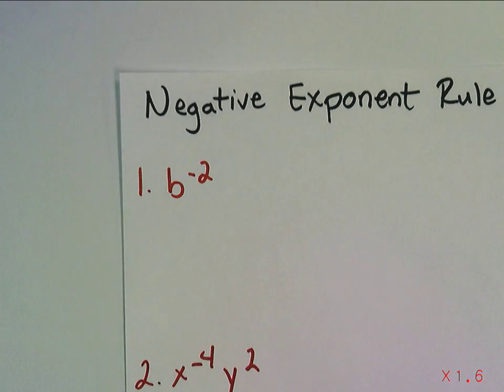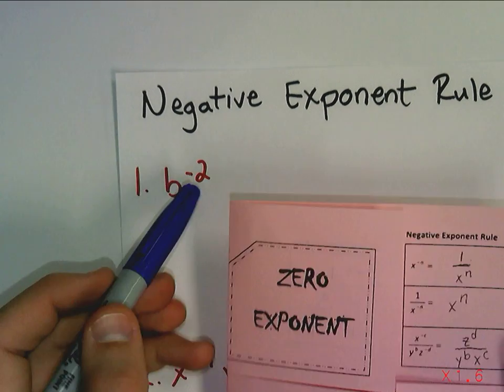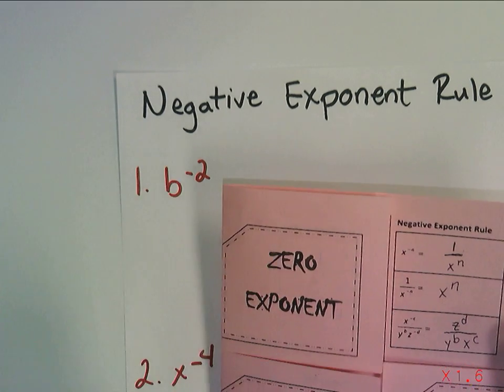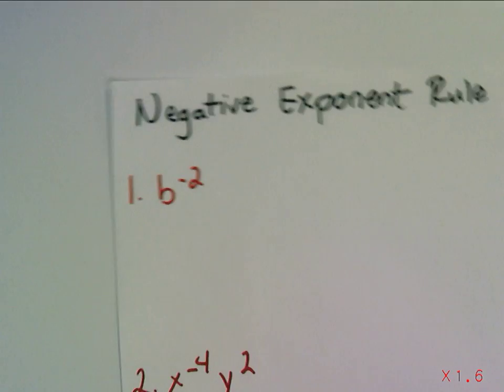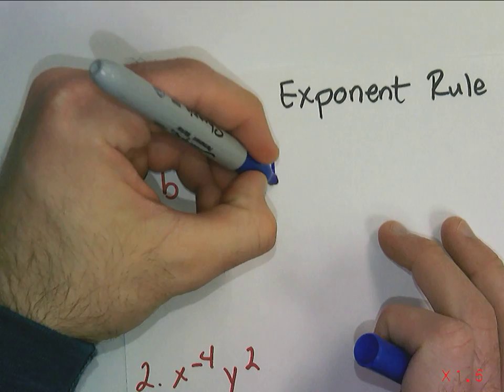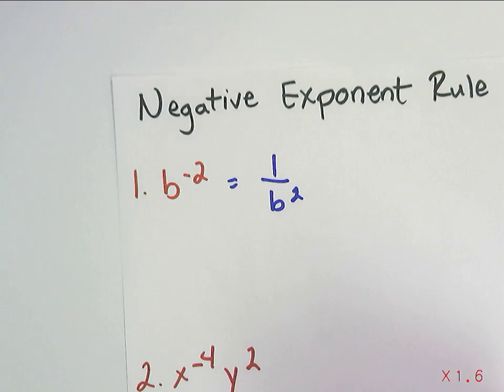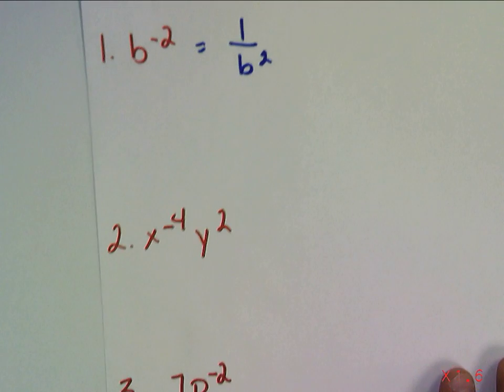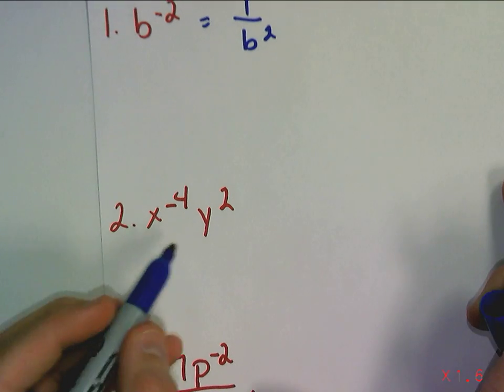So looking at your sheet then, if I have something to the negative exponent, it's 1 over whatever that is. So my first answer here should be 1 over b squared. So that one's pretty quick there. The second one here, yes, you can have them like this.